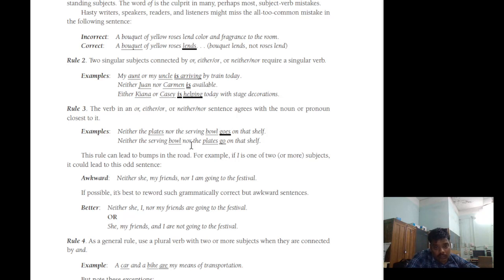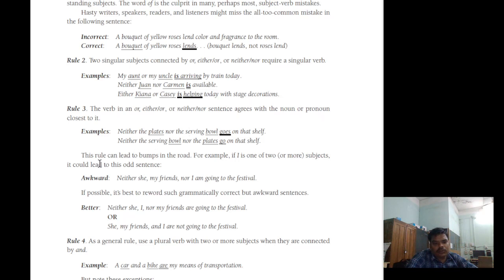Neither the serving bowl nor the plates go on that shelf. The verb in an or, either or sentence agrees with the noun or pronoun closest to it.